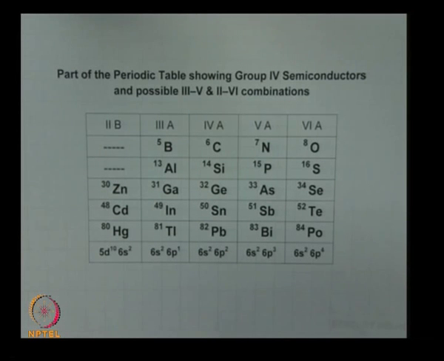So, what is the point? For doping, you add an impurity which is from the adjacent group. This is a group 4 semiconductor. If you add an impurity from group 3, it becomes a p-type semiconductor. And if you add an impurity from group 5, it becomes an n-type semiconductor.